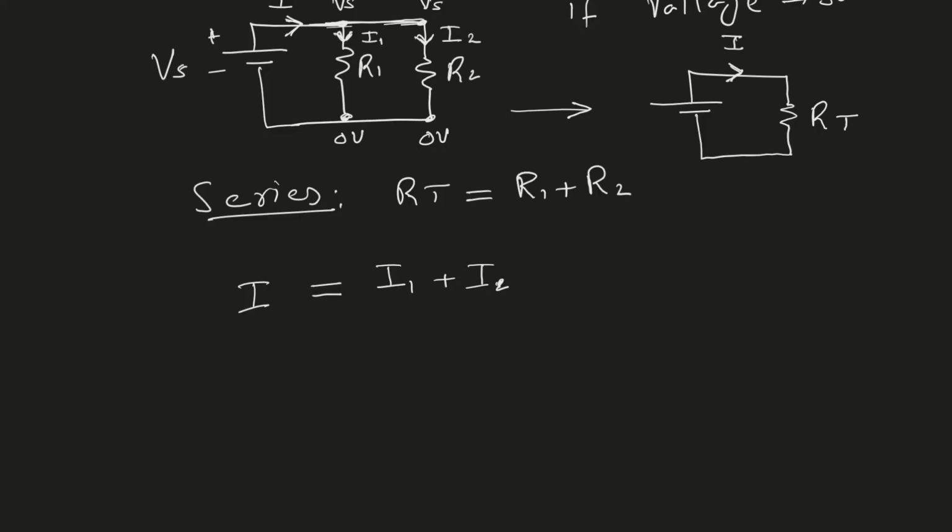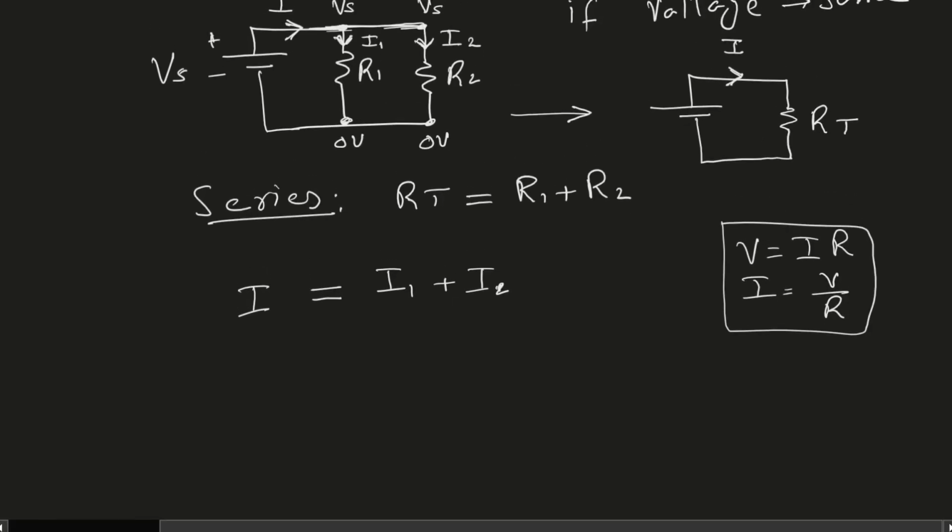So if I want to find the total resistance using this equation, one way would be to use Ohm's law. Ohm's law is that V equals IR, so this means I is equal to V divided by R. We will apply this law for each current value over here.